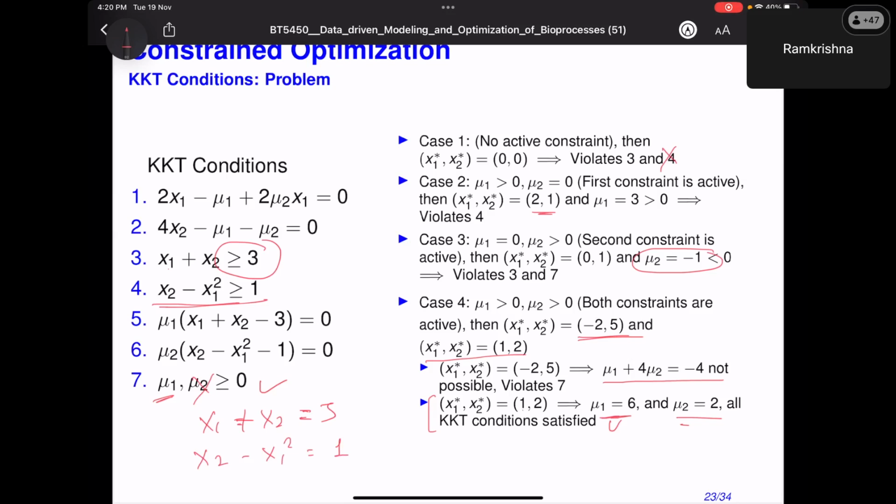So both these are now replaced with strict equality, and the minima occurs at the boundary of both G1 and G2.